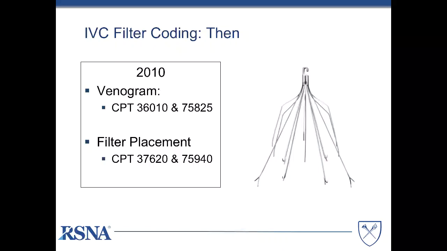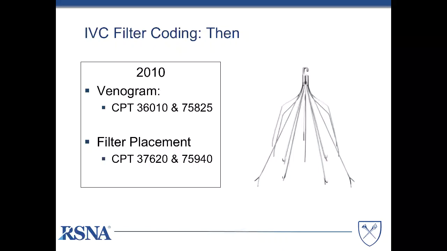As an example of component coding, you see listed on the left how an IVC filter placement procedure was performed up through the year 2010. There was a code for the IVC catheterization, 36010, and the IVC venogram, 75825, that was necessary to assess caval patency and anatomy.